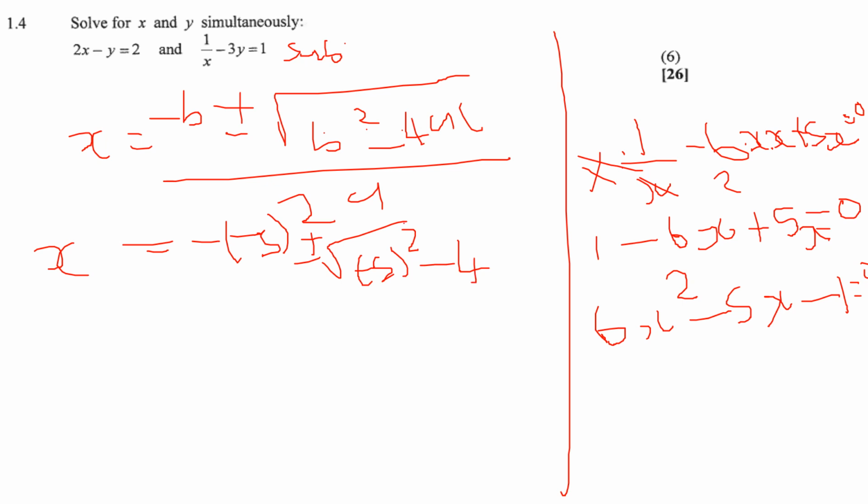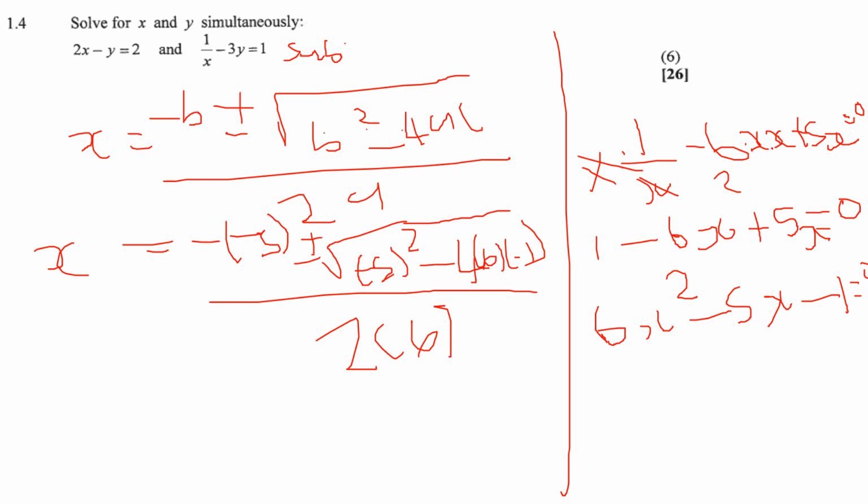What is the value of a? The value of a is 6, and the value of c is minus 1, all divided by 2 times the value of a, which is 6. And therefore the first value of x, we just put everything on the calculator.